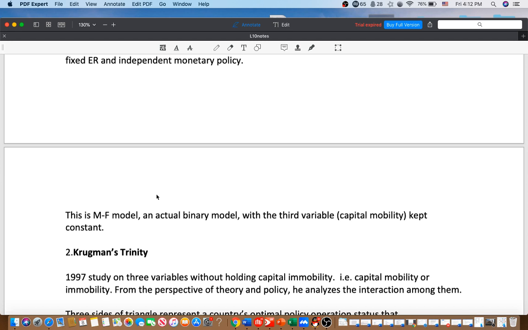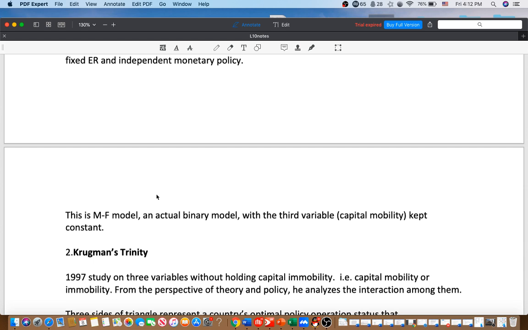Therefore the renminbi exchange rate basically does not have a big change. But China has to give up the free flow of capital, and it implements capital control instead.